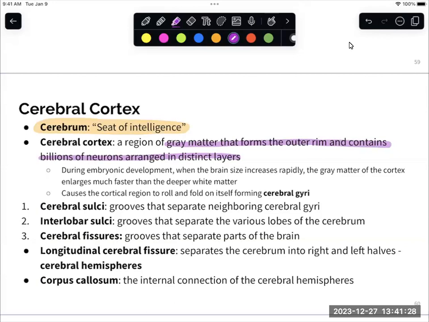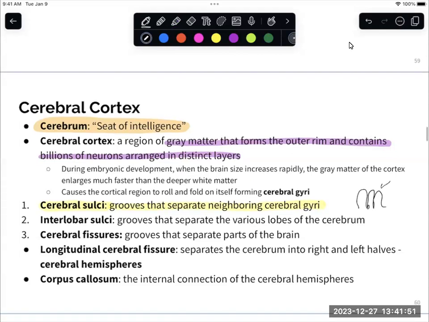Within the cerebral cortex, we have sulci, which are grooves that separate neighboring gyri. So we have areas that go up and down. A gyrus is a portion that sticks up.